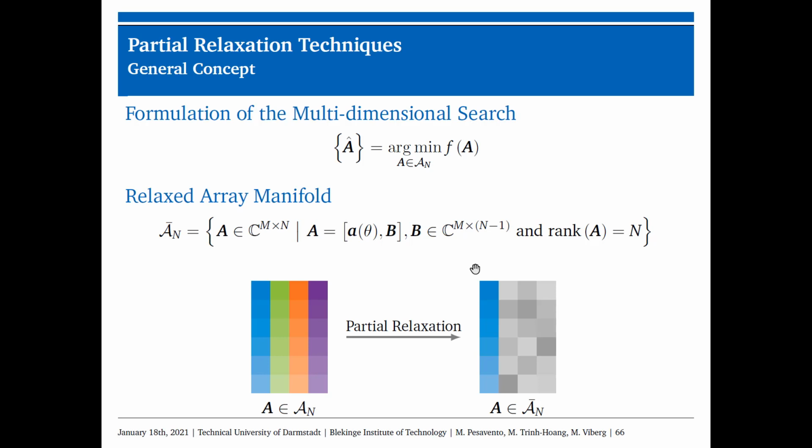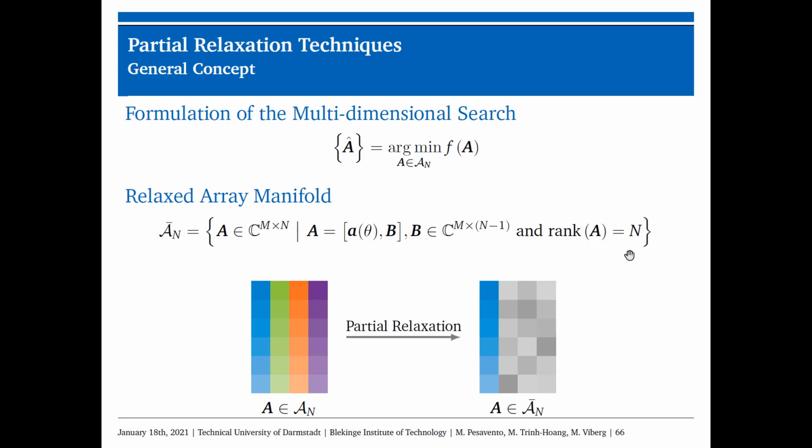Without loss of generality, we can assume that the structure of the first column here is maintained. On the other hand, the structure of the remaining columns in the steering matrix is relaxed, which is denoted by the matrix B. Now, if we optimize the original cost function f on the relaxed array manifold, we can obtain the DOA information of only one source signal corresponding to the first column of the relaxed steering matrix.